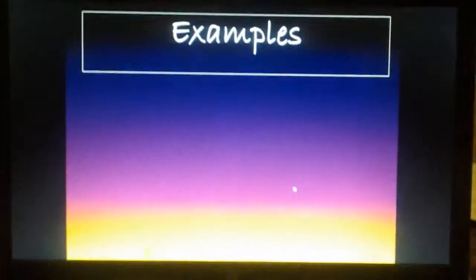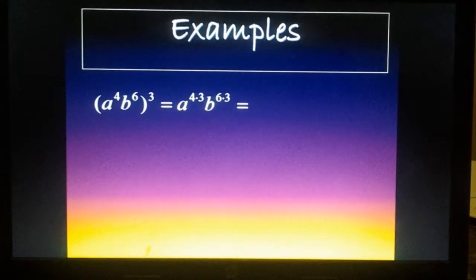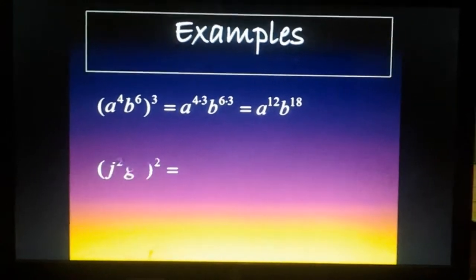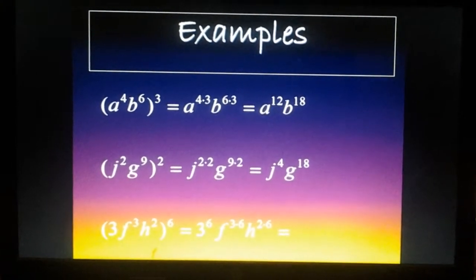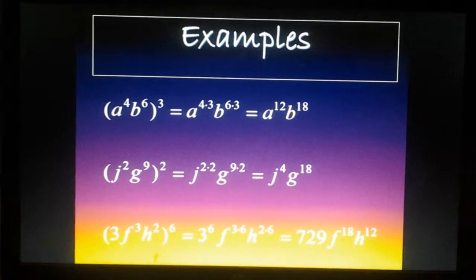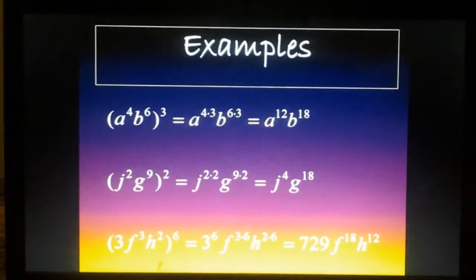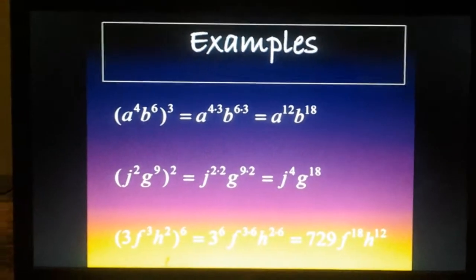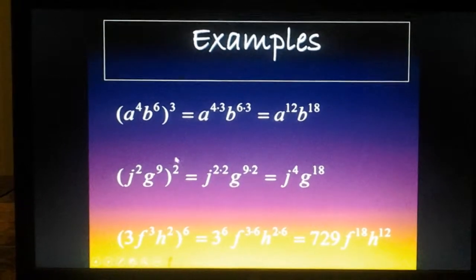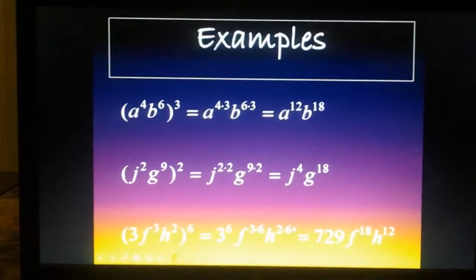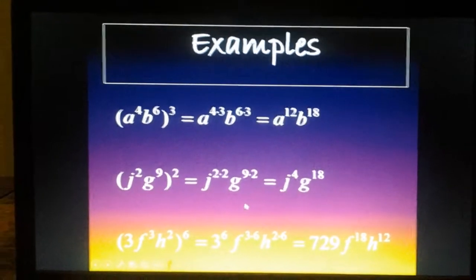Now, here are some examples. Notice that all of them are doing the same thing. We're distributing the power that's outside the parentheses to each and every number or base that is within the problem.